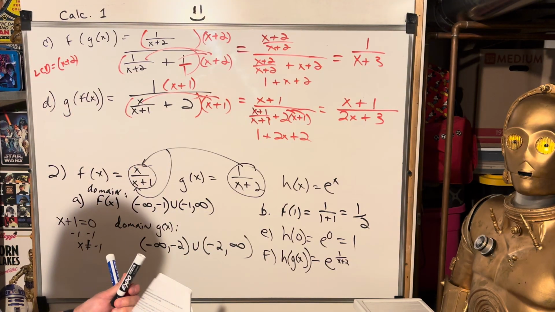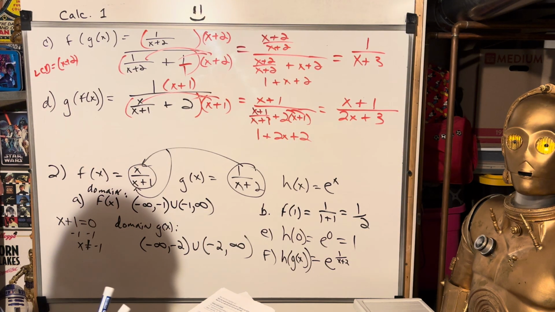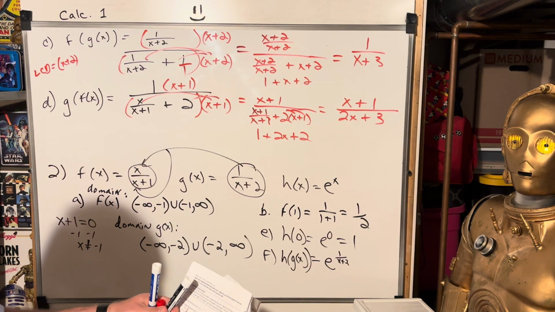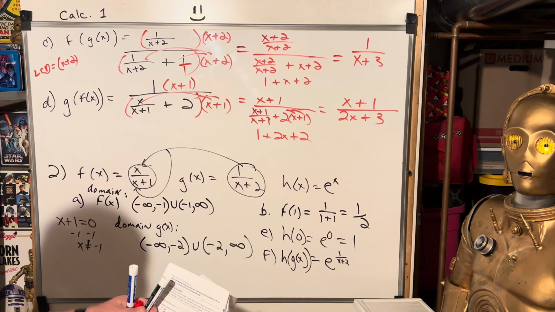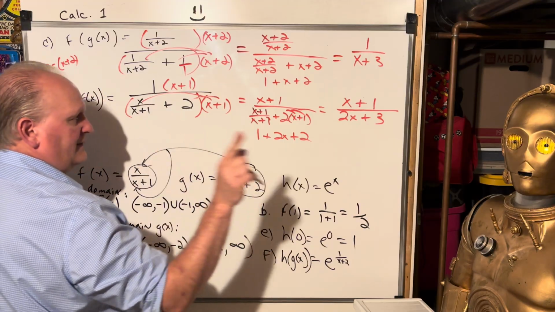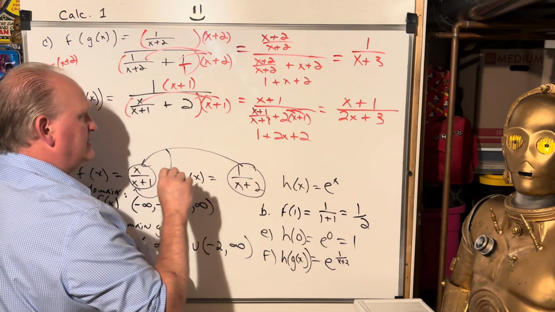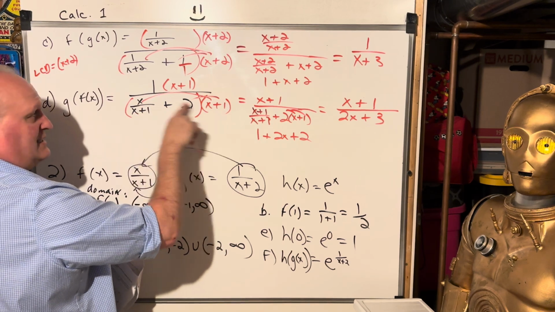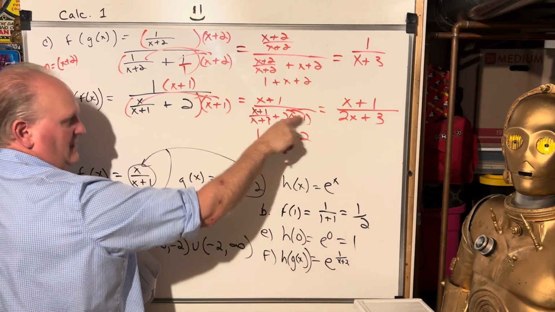2x plus 3? Hold on, what do I have there? 2x plus 2. Oh, wait. I left out an x. So a little quick fix here. I did this too quickly. I did it there and did the distributive property.